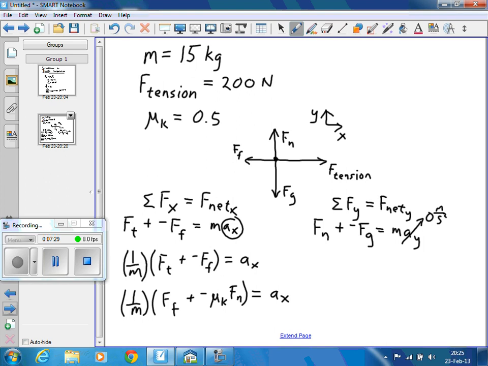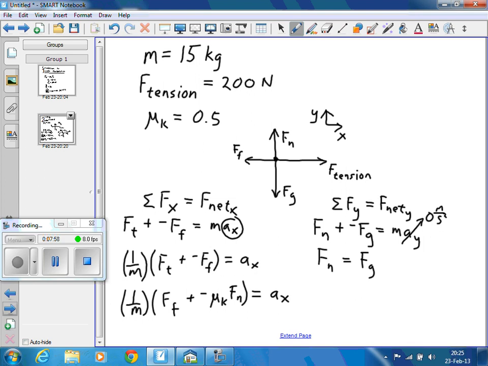Great. Now if I knew the mass and the tension force and the coefficient of kinetic friction and the normal force, I would be able to plug all those values in and solve for the acceleration of the box. But I don't know the normal force yet. I can get it, though, from the y equation. Let's go find out how big the normal force is. Normal force is equal to force gravity because the acceleration in the y direction is 0.